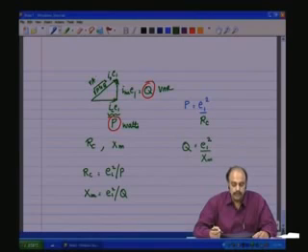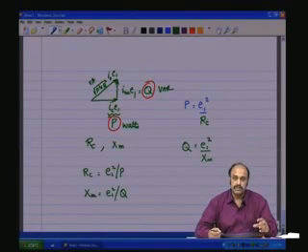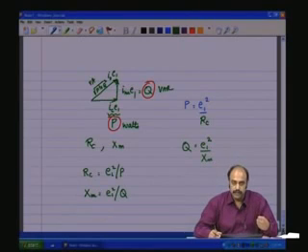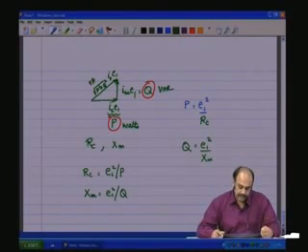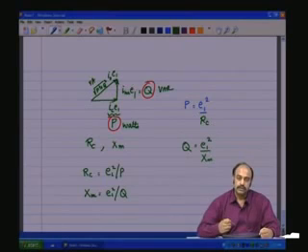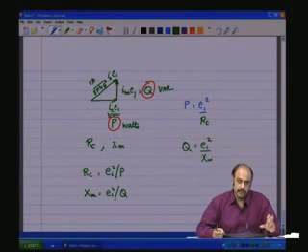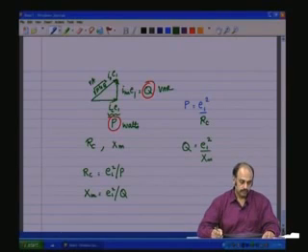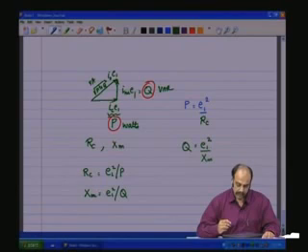One can compute RC, which is the core loss component, and XM, which is the magnetizing reactance component of the transformer under no load conditions, meaning when the secondary side is open circuited, there is no load connected across the two secondary terminals.